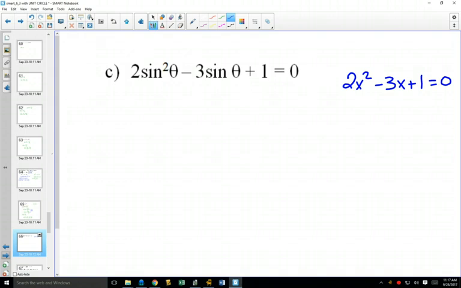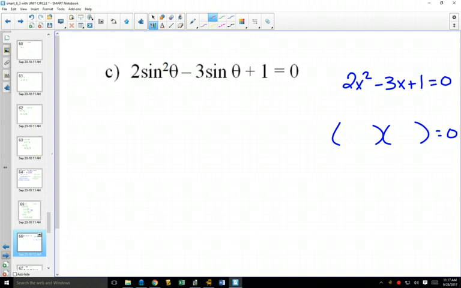Now that you're in grade 12, I want you to start forming a technique that you can go right from here to your answer. And in order to do that, we really have to think about what factoring is. Factoring is undoing multiplication. Okay?